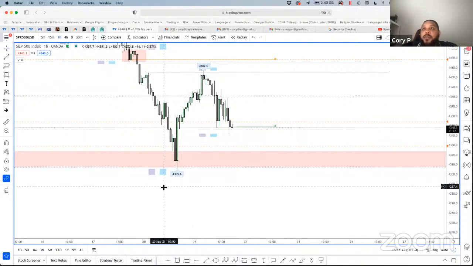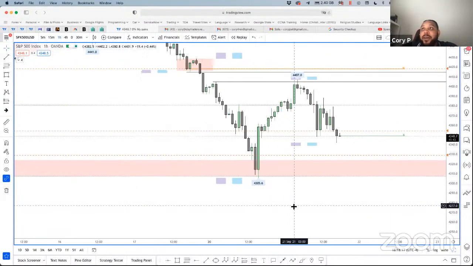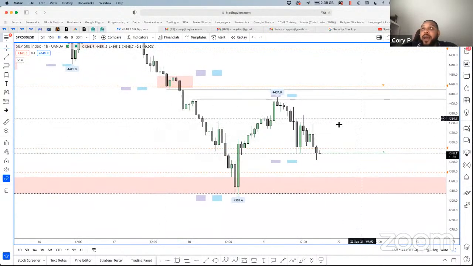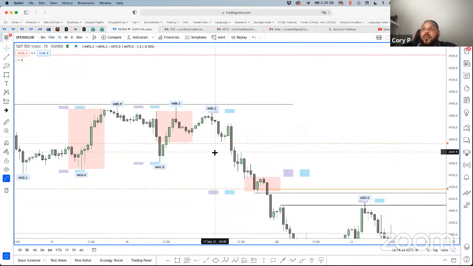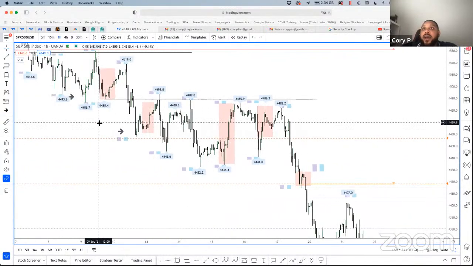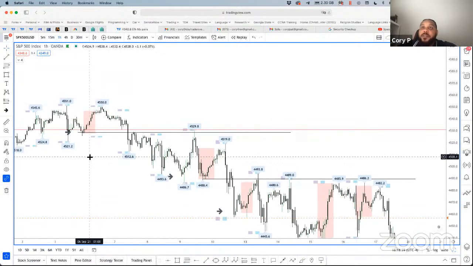So if you see an order block made within that time frame, you want to keep an eye on those more than anything, because one made in this time frame is going to have a lot of value later on, because that means there's a lot of trading volume in that time frame.